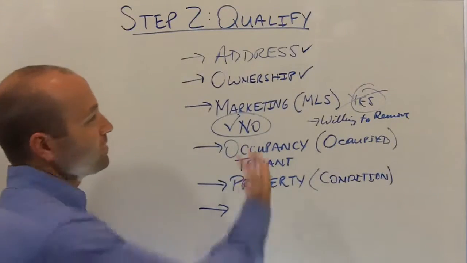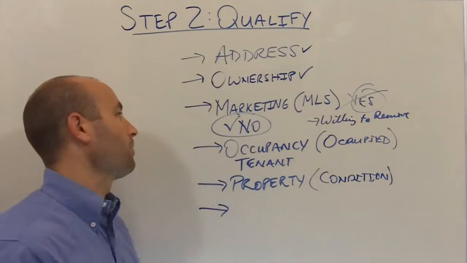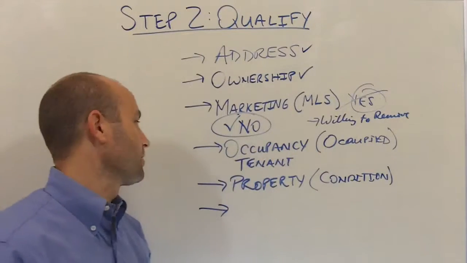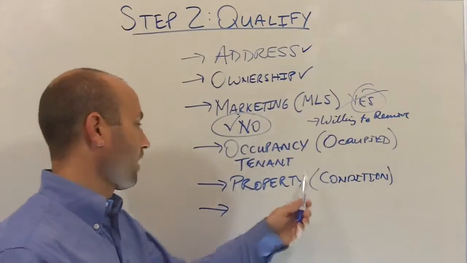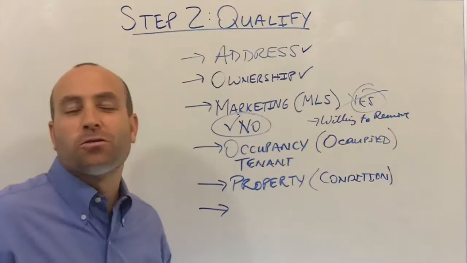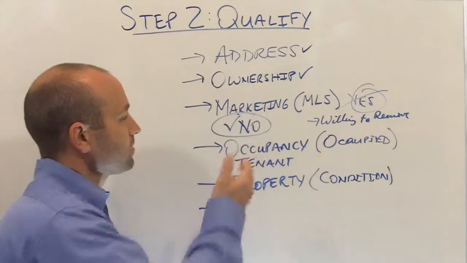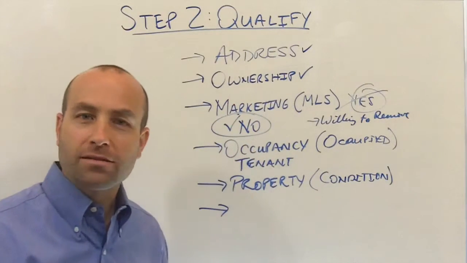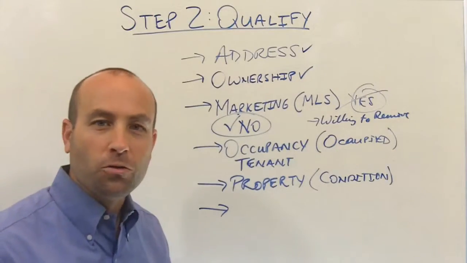Now, what we've done so far is asked very basic questions that nobody would have any issues answering. No one's going to have an issue answering who owns their property, or if it's on the MLS or not, or who lives there, or how many bedrooms and bathrooms. They're going to answer these questions. These are simple, these are non-abrasive, they're not very personal.